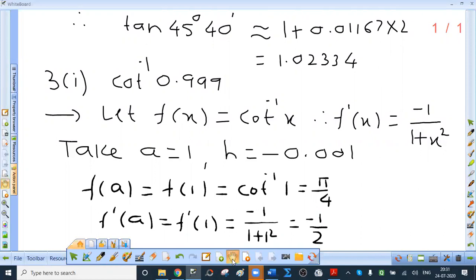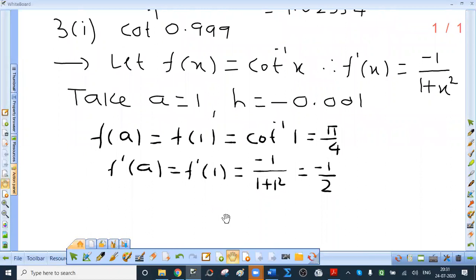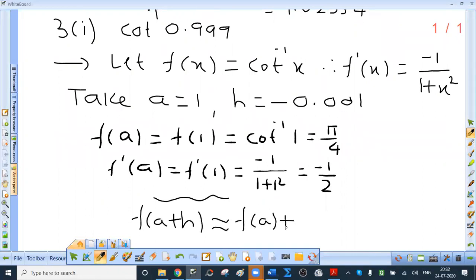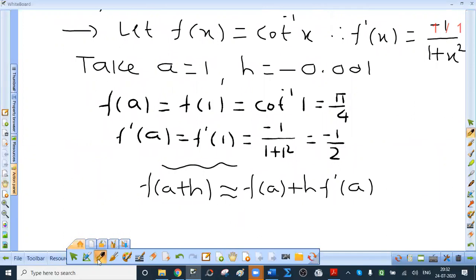Good. Now substitute. You have to say formula for approximation is f of a plus h approximately f of a plus h f dash of a. Therefore, cot inverse 0.999 is approximately pi by 4. Okay. What is h?